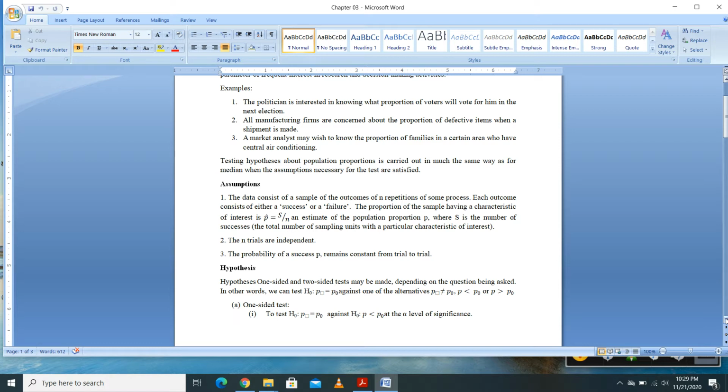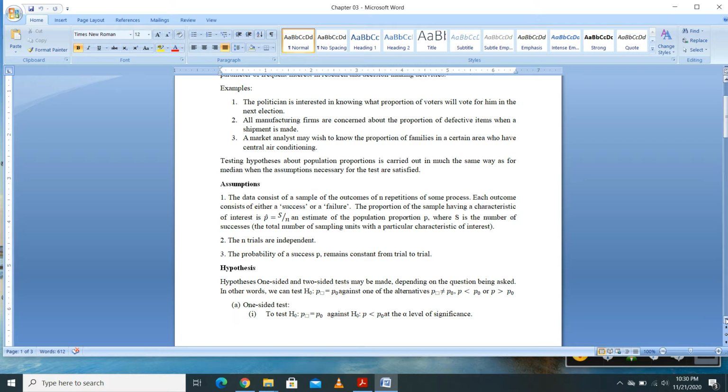For example, if you have 10 observations and among them 3 successes, we divide 3 by 10, so that is 0.3. So we take this 0.3 as an estimator for the population proportion, right?